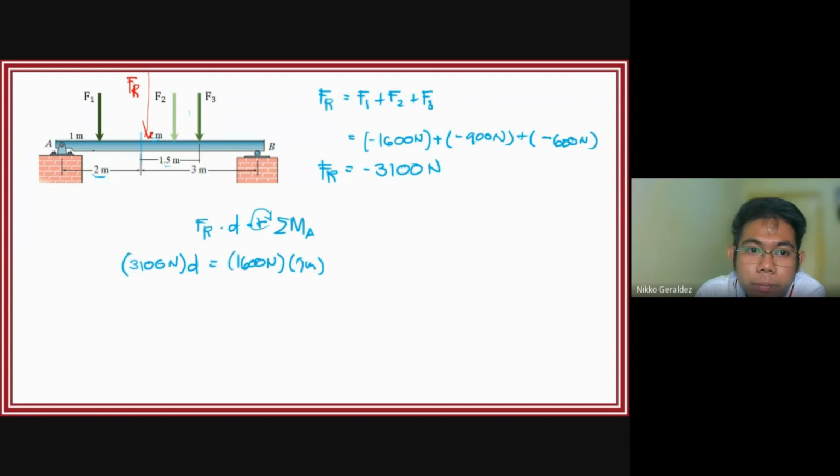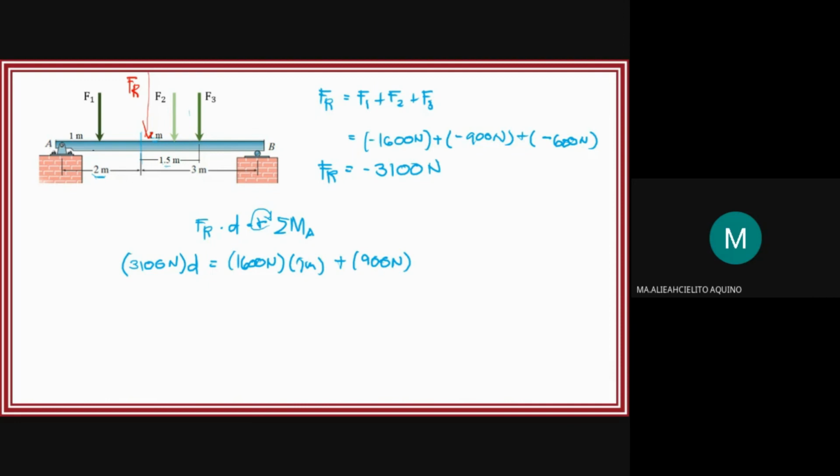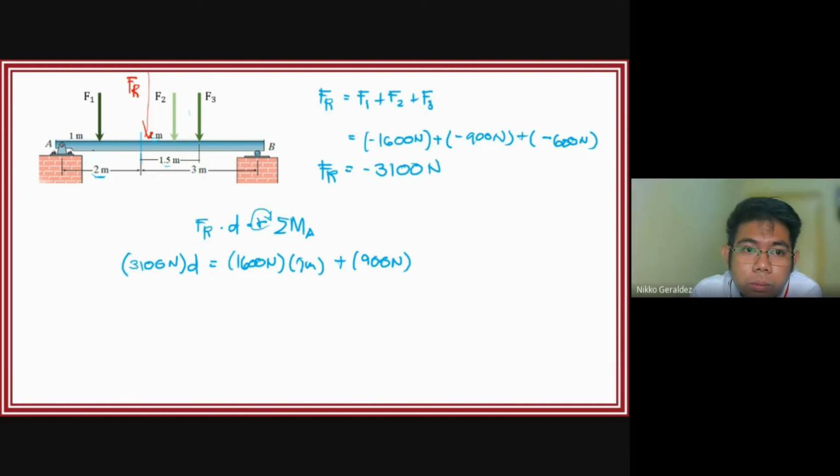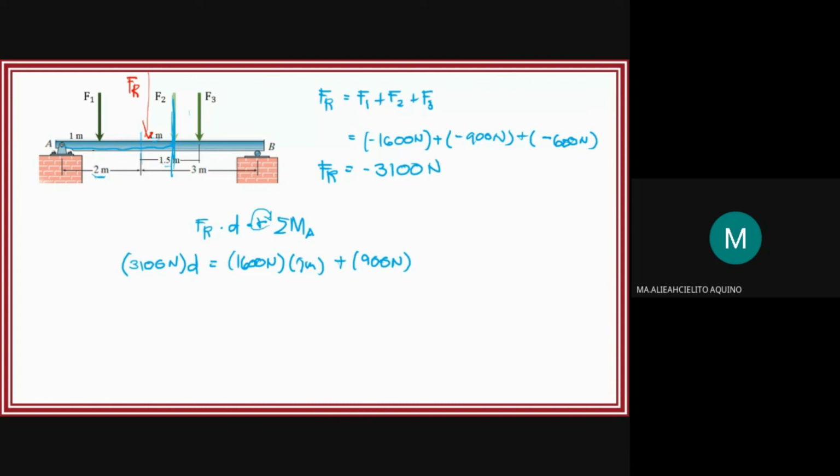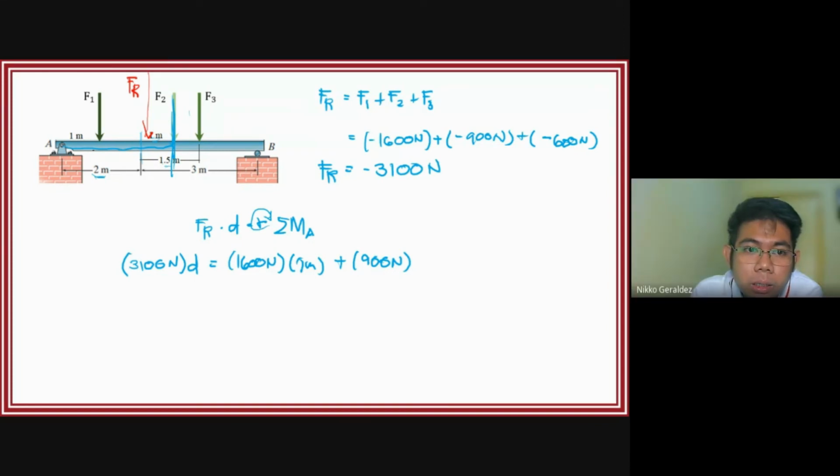Then F2, clockwise: plus 900 newtons times its perpendicular distance from point A, 3 meters.